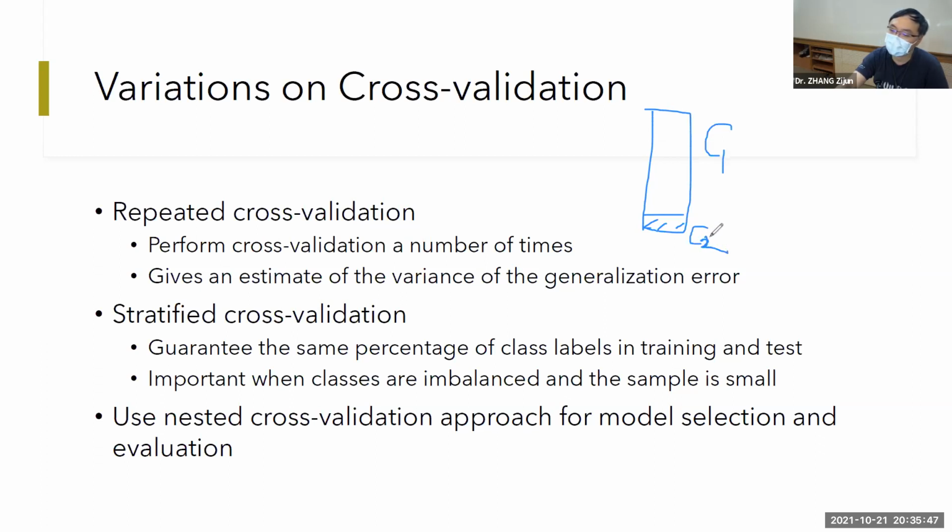Then in tenfold cross-validation, you cut them into ten folds. Each fold will also be like this, C1 and C2. This is not good because even in every fold you have imbalanced data.